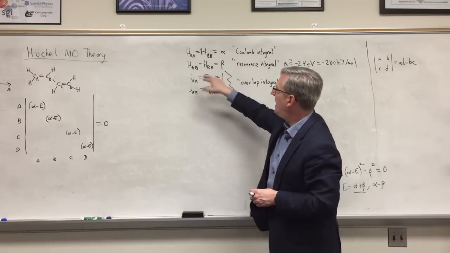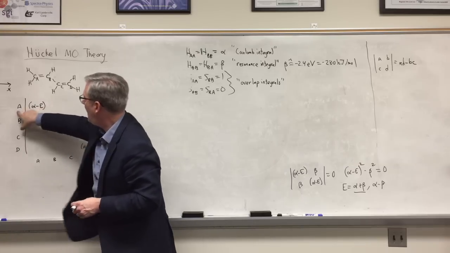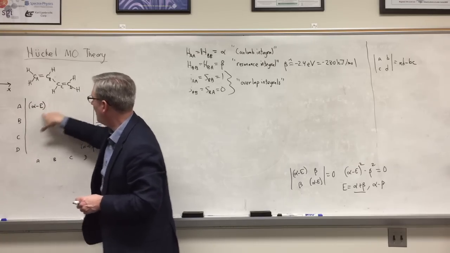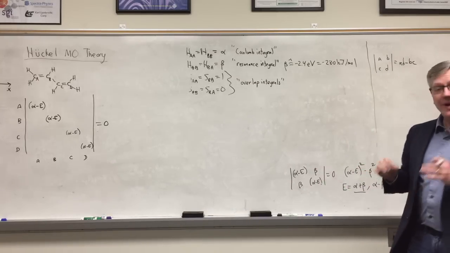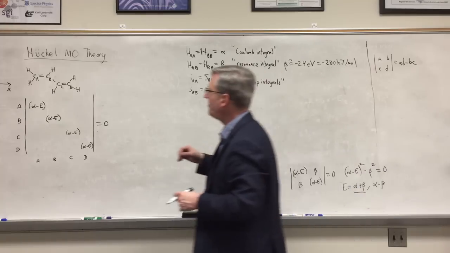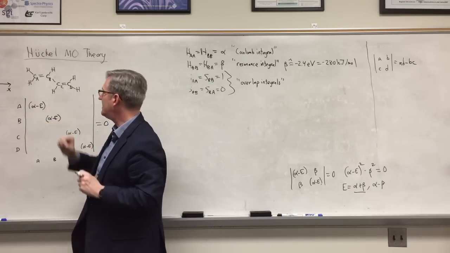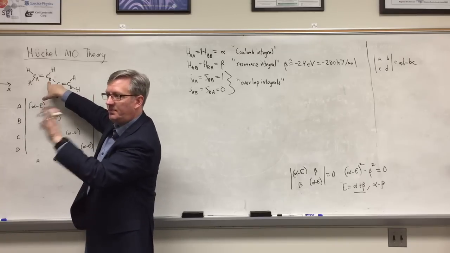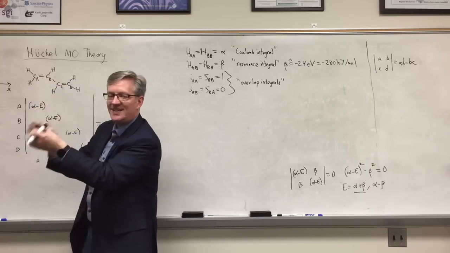In ethylene, I had an AB and a BA. Those correspond to an integral in the AB or BA components, the off-diagonal components that you see here. And they were resonance integrals, right? So they involved, in the case of ethylene, a Hamiltonian sandwiched between a PZ orbital on A and a PZ orbital on B. The key point being that those 2 carbon atoms were adjacent to each other.